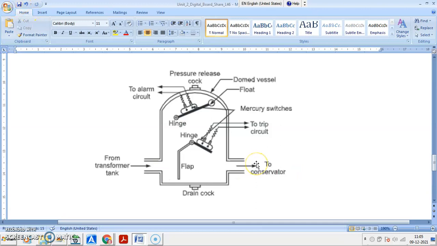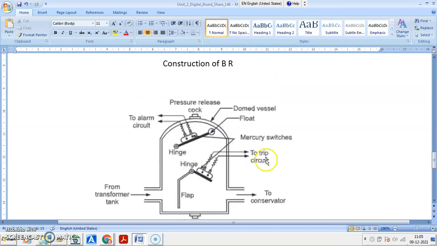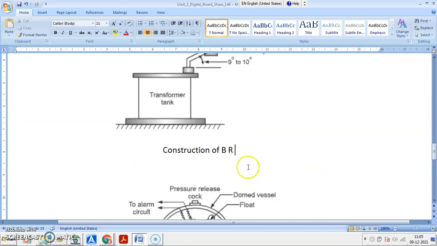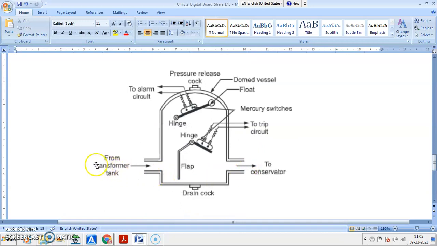One is alarm system and another is a trip system. So this is the alarm system provided, this is a trip system provided. Now this relay is inserted in between the tank and conservator in pipeline. So this is from transformer tank, this is way to conservator, and this is relay inside.